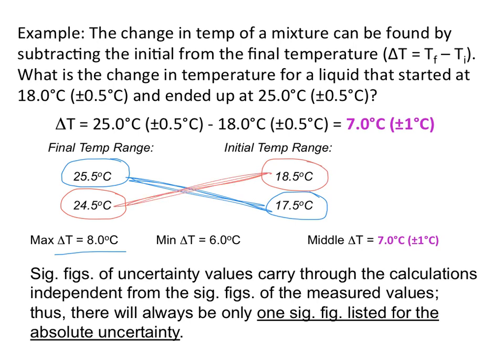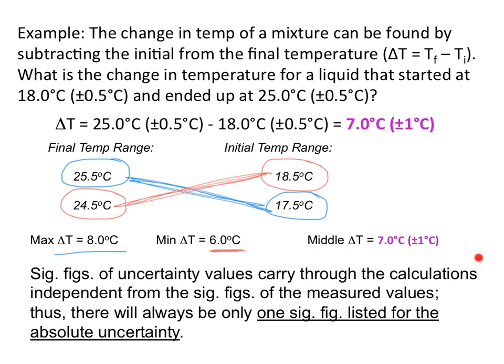When I subtract these two, I end up with 6 degrees Celsius. So my change in temperature really falls somewhere between 6 degrees Celsius and 8 degrees Celsius. We pick the middle, which is 7 degrees Celsius, and 6 degrees is 1 degree lower, 8 degrees is 1 degree higher. So we end up with 7 degrees Celsius plus or minus 1 degree Celsius.